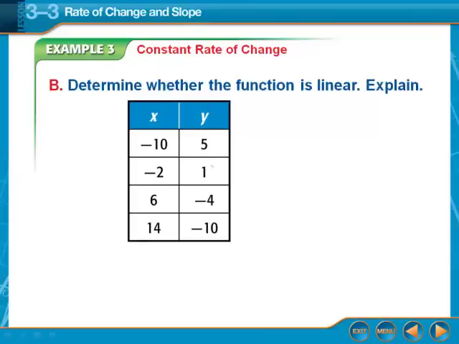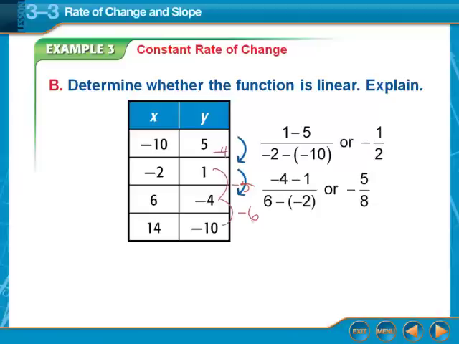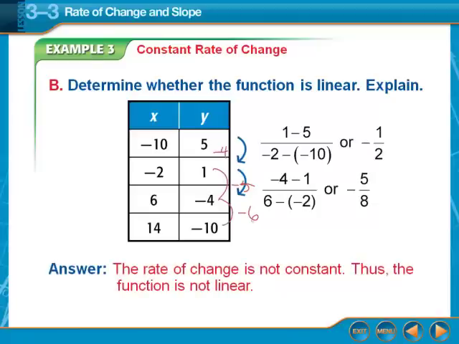We go from 5 to 1, which is a decrease of 4. From 1 to 4, we automatically see that's a decrease of 5. From 4 to 10, that's a decrease of 6. That's not constant. We have to see that this is not going to be linear. This is not constant.